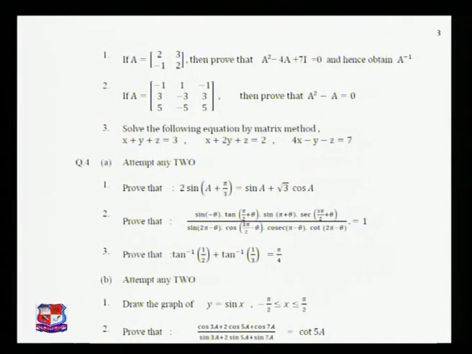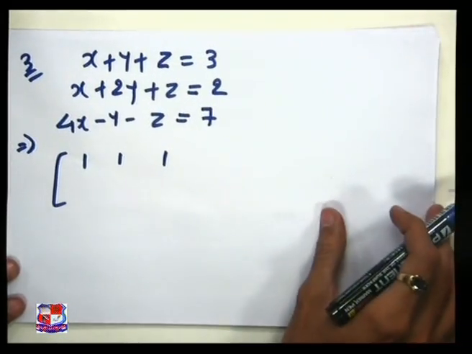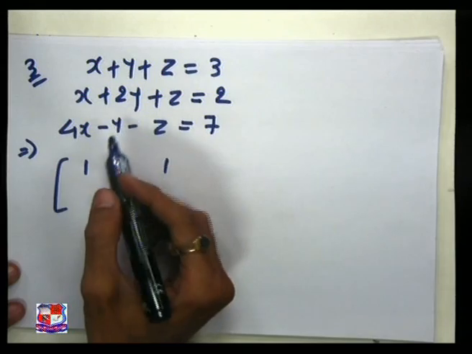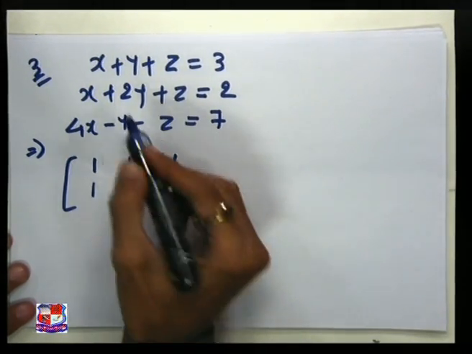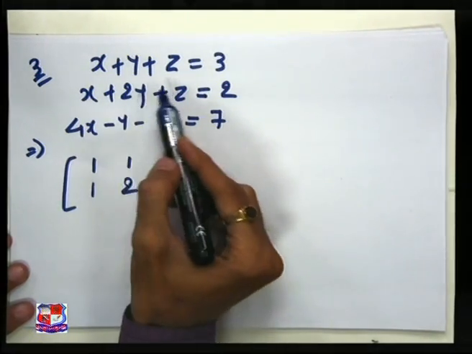So if we want to solve this by the matrix method, first of all I need to convert into the matrix form. So here I will write 1 1 1, the coefficients of x, y and z in the first equation. For the second one this is 1 2 1, the coefficients of x, y, z in the second one.